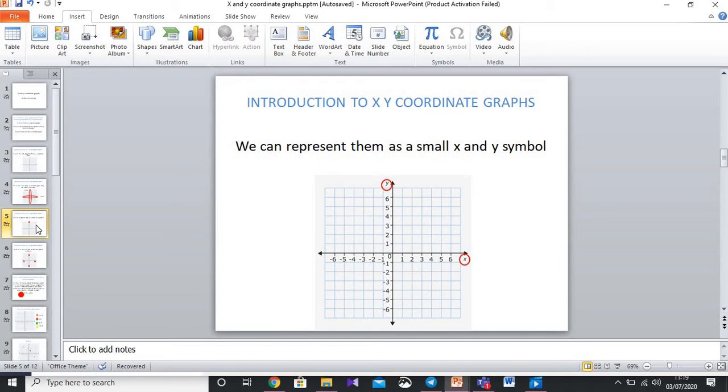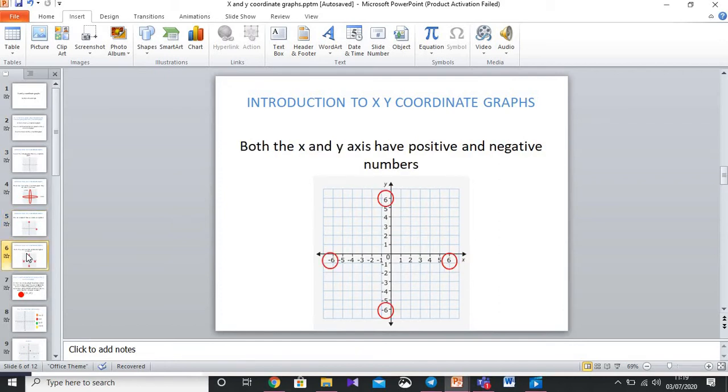So we can represent them as a small x and y symbol. Both the x and y-axis have positive and negative numbers. The center number of both the y and x-axis is number 0.